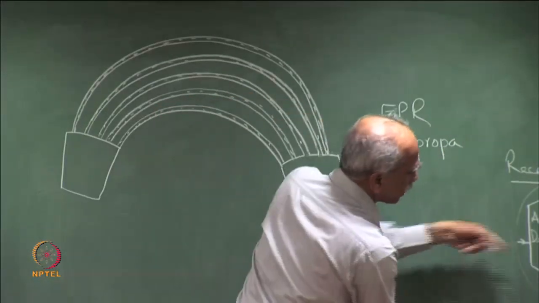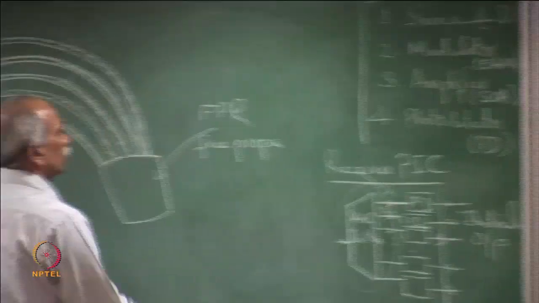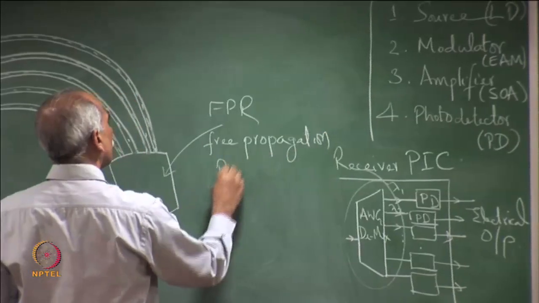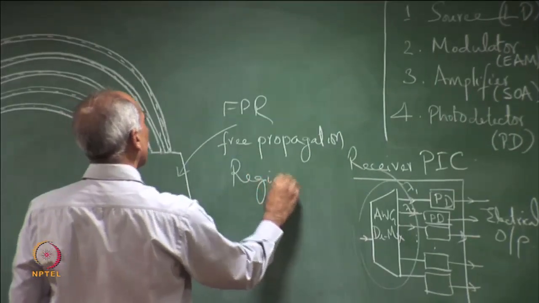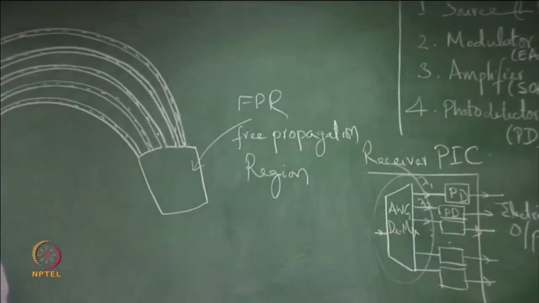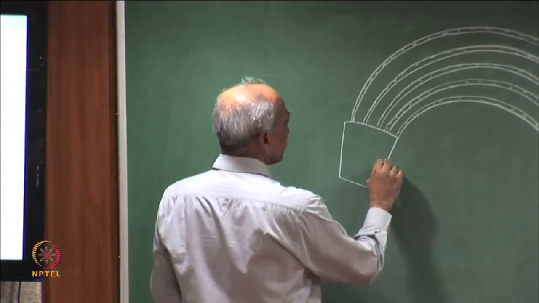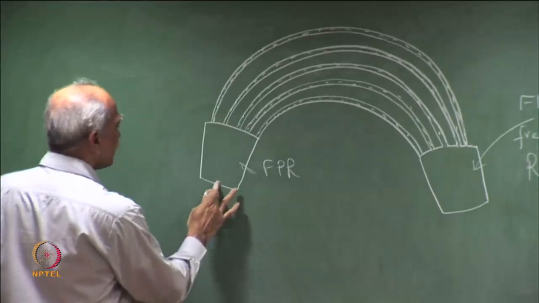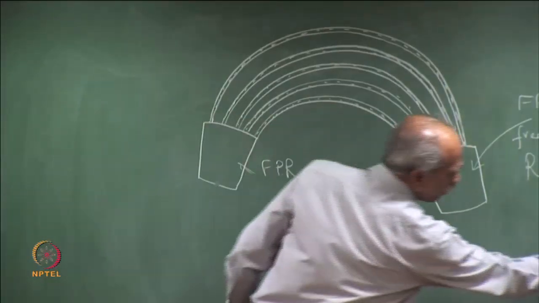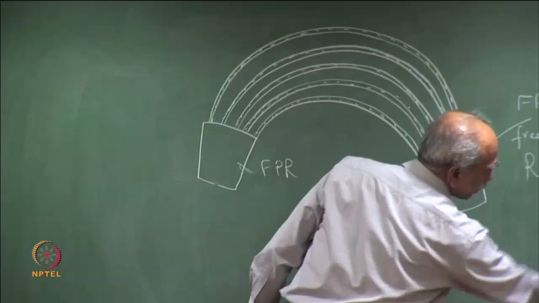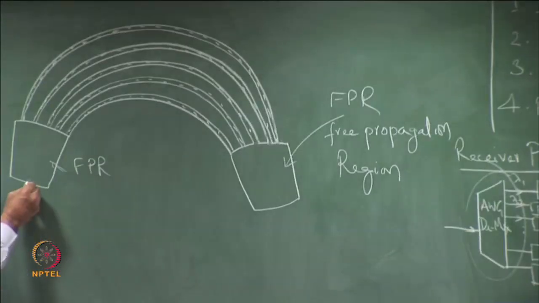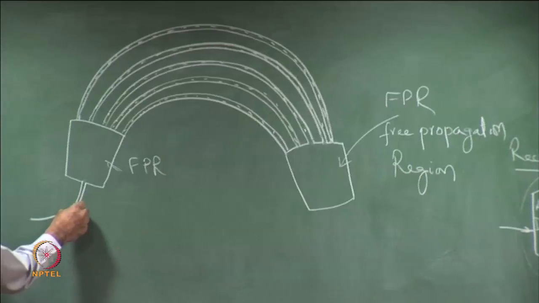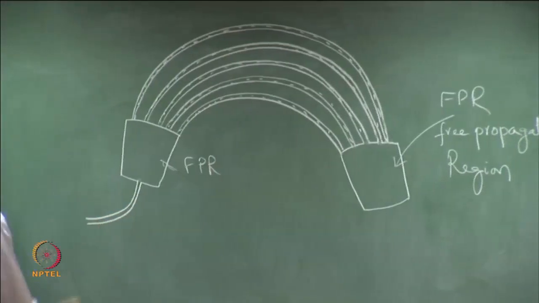So, I am showing this DMUX, free propagation region. So, this is another FPR. Here is the input, the input which is entering the DMUX. Here is the waveguide, an optical waveguide made on the semiconductor chip.